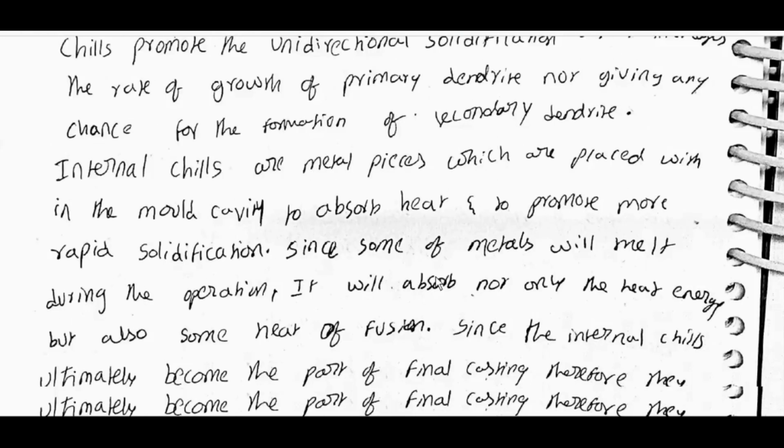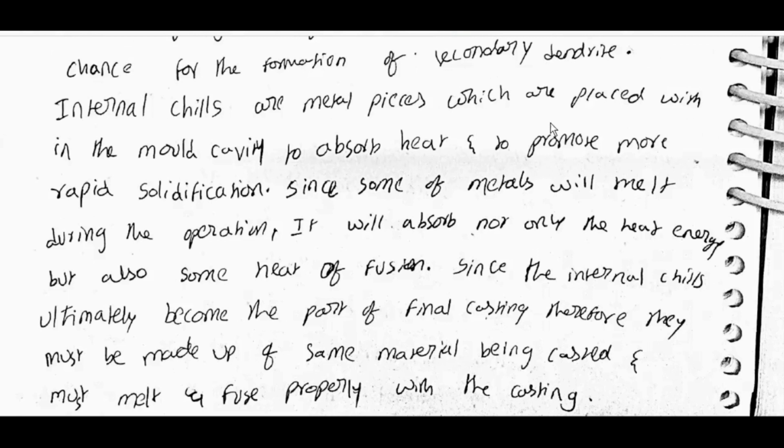Internal chills are metal pieces which are placed in mold cavity to absorb heat and to promote more rapid solidification, since some of metal will melt during operation. It will absorb not only the heat energy but also some heat of fusion, since internal chills ultimately become part of final casting.